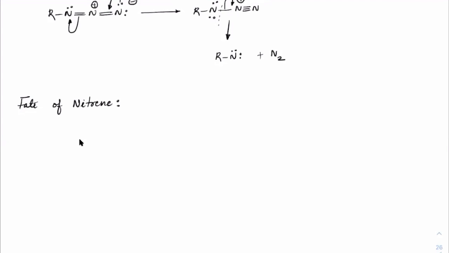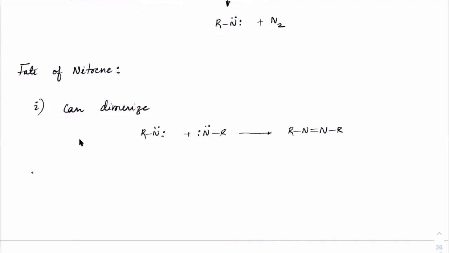Let's see what is the fate of nitrene. It can dimerize just like carbenes. In fact, any 6 electron species will try to dimerize. Taking 2 moles of it, it will dimerize to form R double bond N and R. This is the formation you will see.